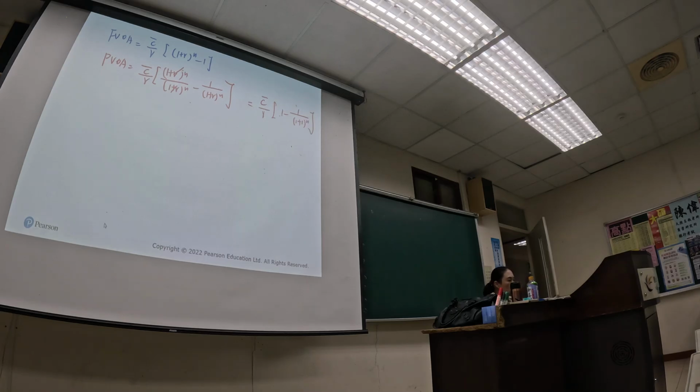Guys, remember these two. These two are the second way of computing the future value of annuity and the present value of annuity, okay? This is what we call formula. But remember, these two are the formula for ordinary annuity.